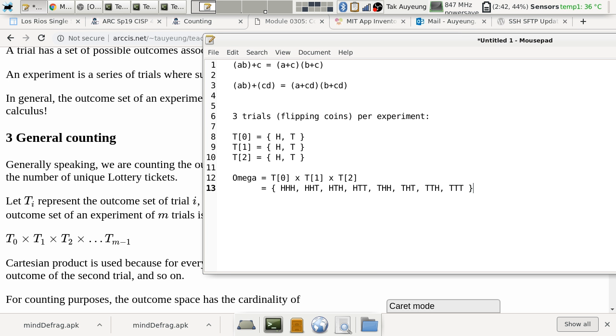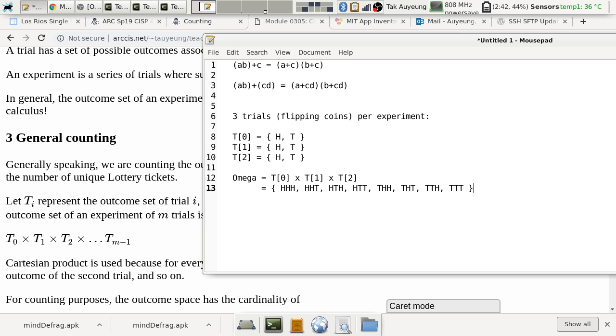You might wonder how you can come up with these combinations so quickly. If you equate H as 0 and T as 1, I'm just spelling out the first 8 binary numbers: 000, 001, all the way to 111. Right?